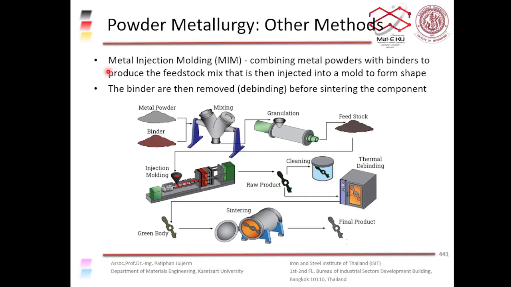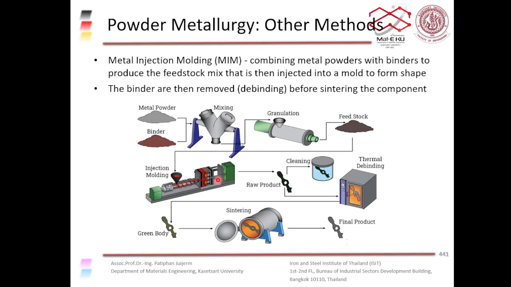to invent a method which is called metal injection molding by adapting the technique that we use to produce polymer products, right? So we are using an injection molding machine to produce the product. Of the typical products made from polymers that you see in everyday life, I would say about 80 or 90% are made from the injection molding process.